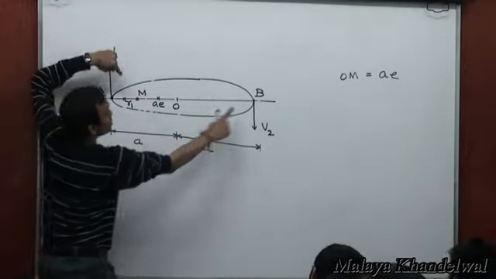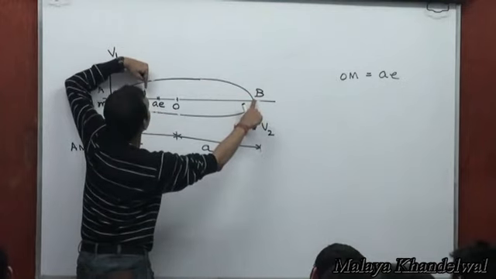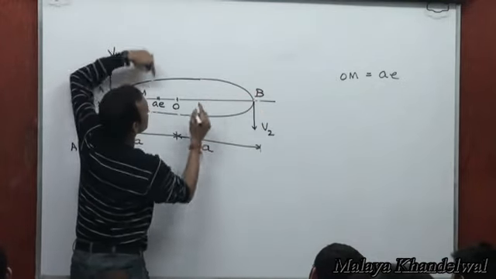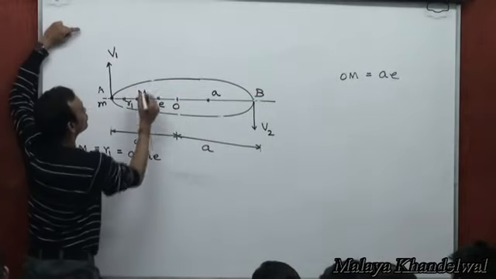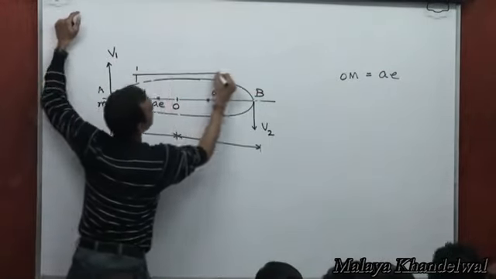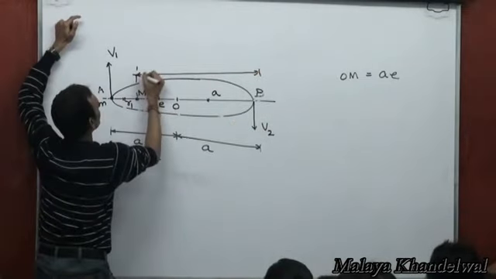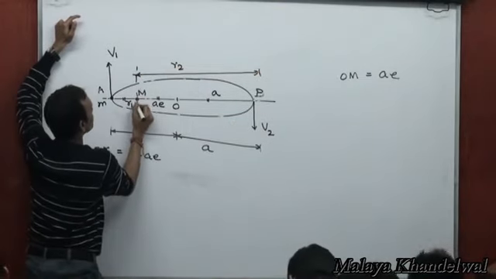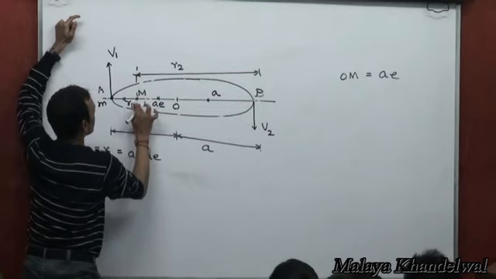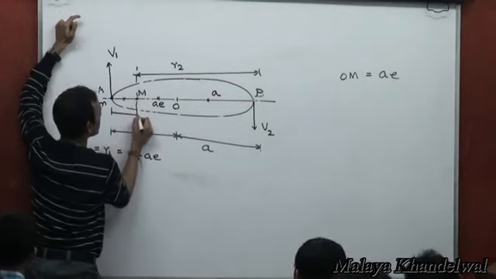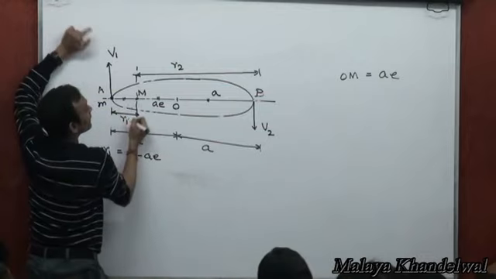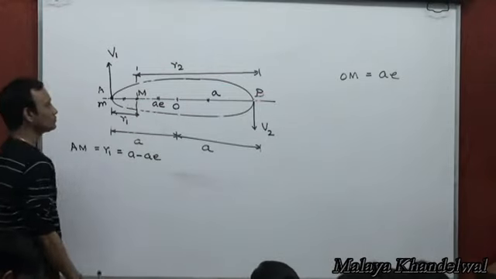Now, the distance of the apogee from this focus. This length is A and this length is AE. So, we refer to this BM as R2.